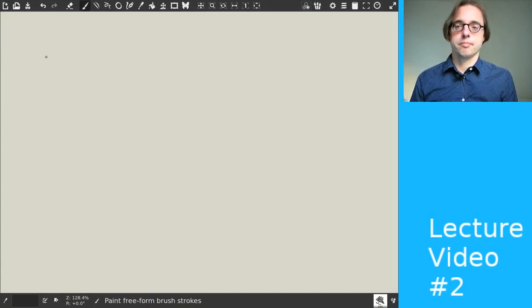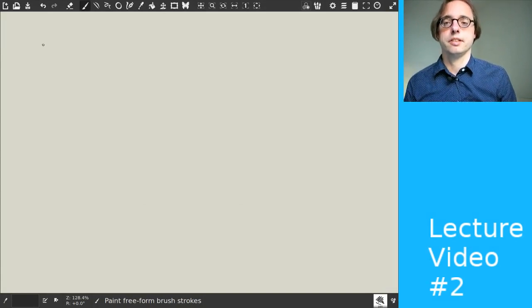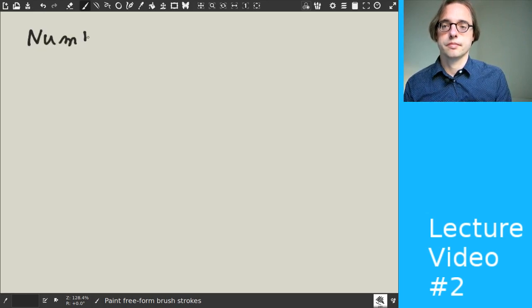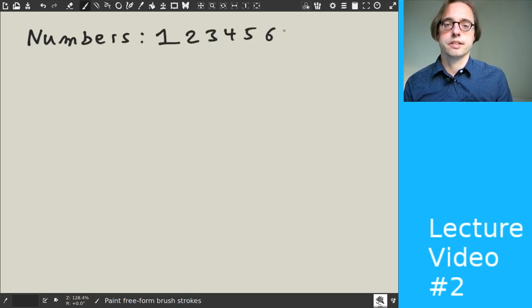Before I start with the matrix stuff, I'd like to show you how my handwriting looks like, especially numbers. So my numbers look like this: 1, 2, 3, 4, 5, 6, 7, 8, 9, and then 0.